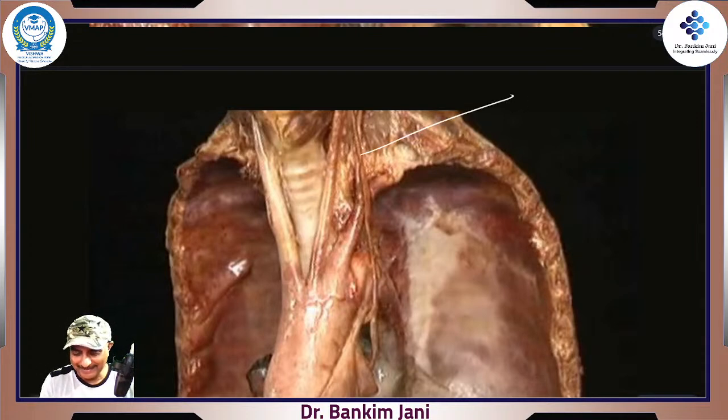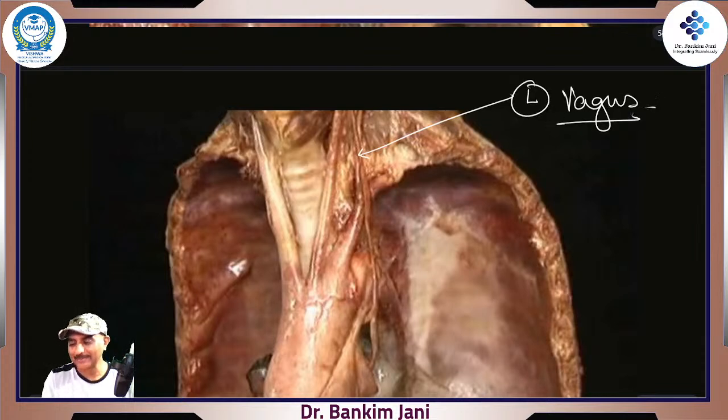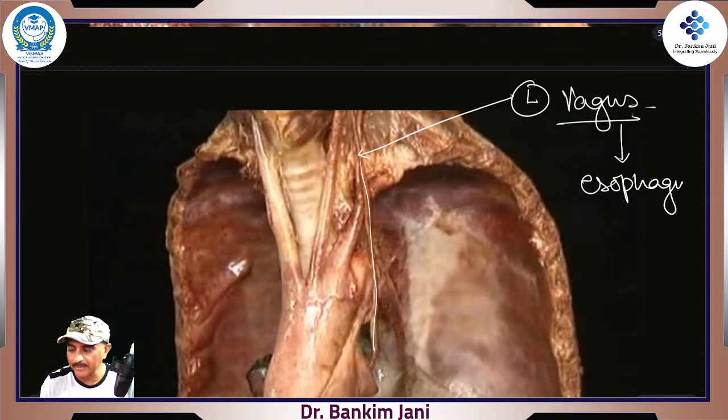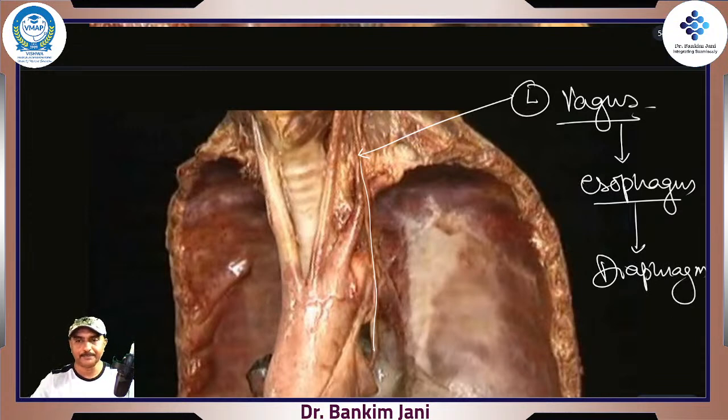This one is the left vagus. What the left vagus is doing is that it goes over the arch of the aorta, and it is going on to the esophagus, and finally it will go into the diaphragm. So this left vagus will also go along the esophagus, and then all the way to the diaphragm.